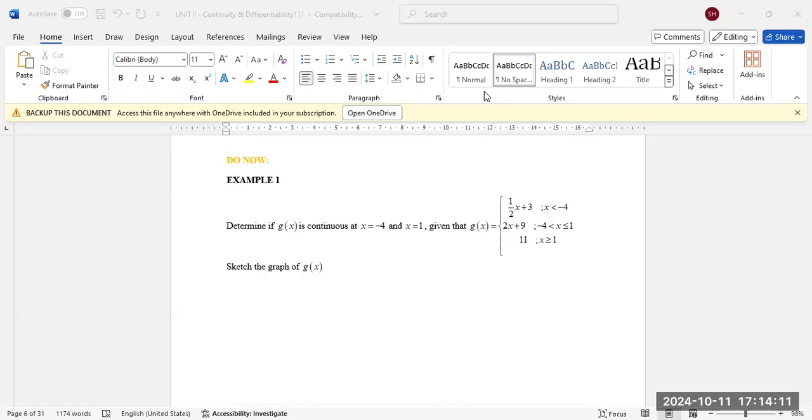What does the limit tend to at x equal 1? Let me look back at my notes. The limit tends to 11, sir. Okay. Very nice.